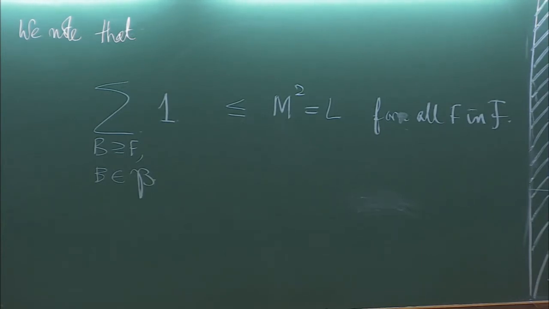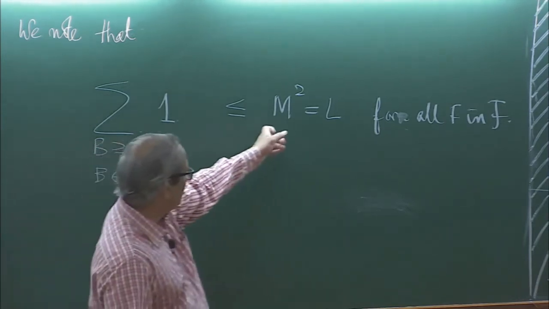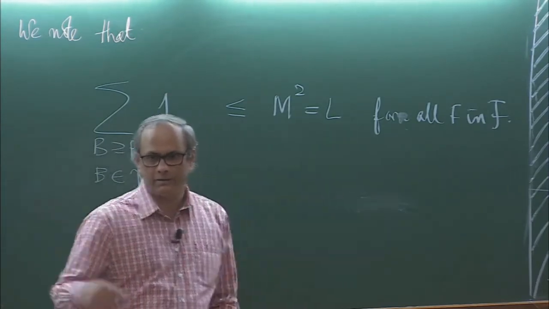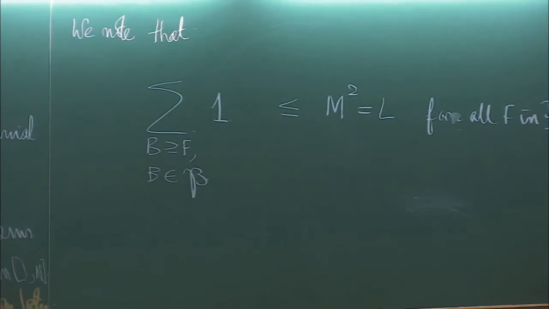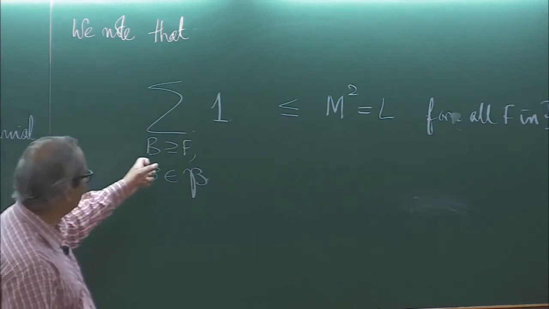It says that it's at most m squared, which I fix to be L in the application of the overcounting lemma.